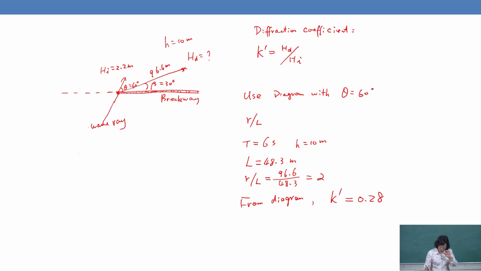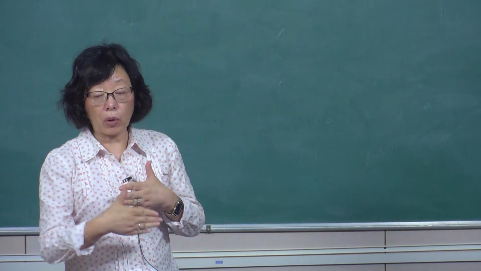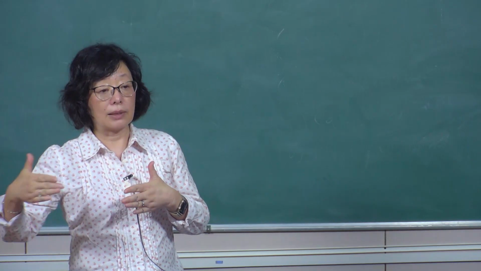So based on this one, we are able to calculate the wave height in this location. You are able to see, because of that breakwater, the wave height is much smaller inside.